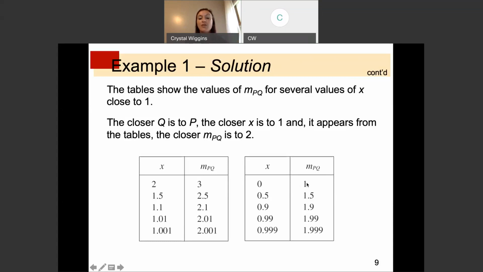And we can see, although the slope one step away from the point is 1, as we gradually get closer and closer, the slope is also approaching the value of 2. So it is a good guesstimate that if we were to calculate exactly the slope of the tangent line, it would be 2.